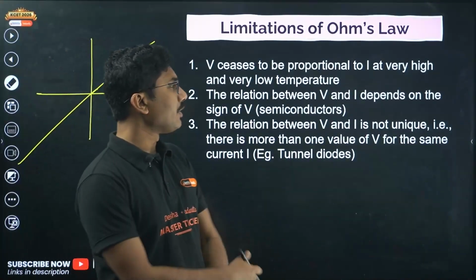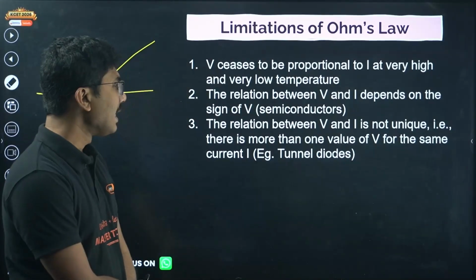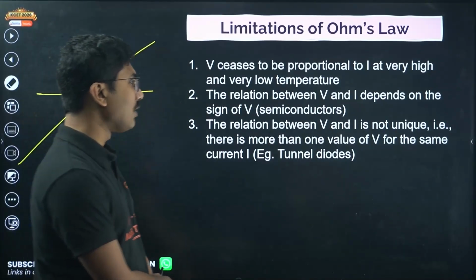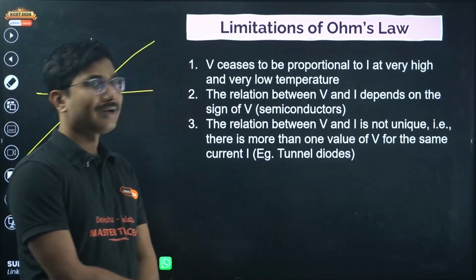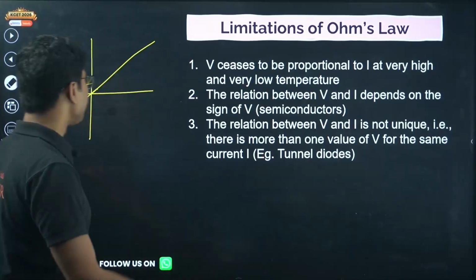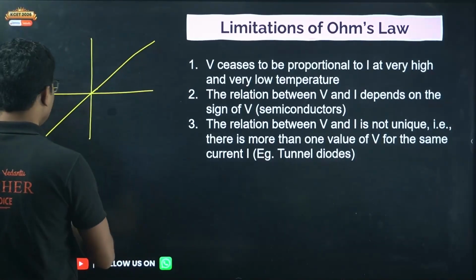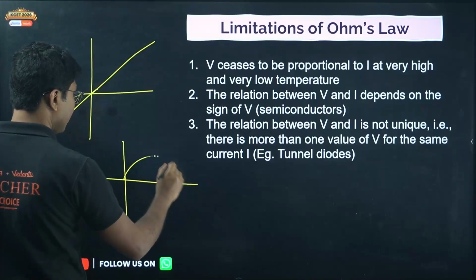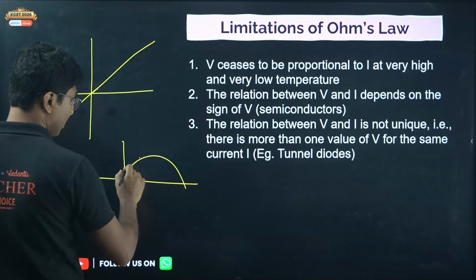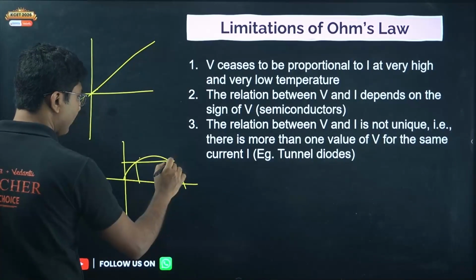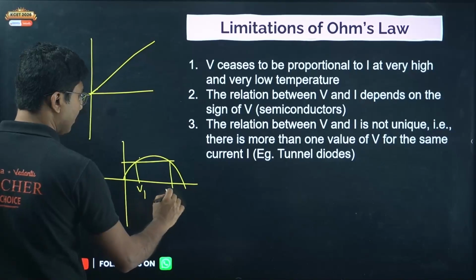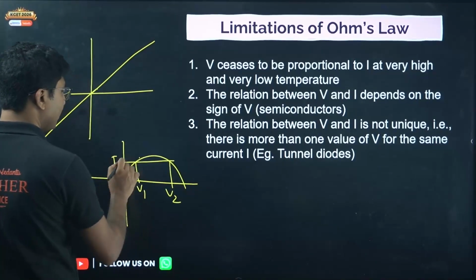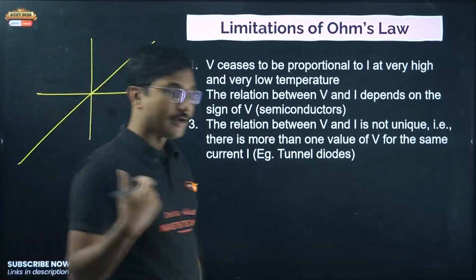The relationship between V and I is not unique, that is, there is more than one value of V for the same current. Suppose you are getting a graph like this, where for the same value of current you are getting two different values of voltage. So V1, V2 give you the same current, which is also a violation of Ohm's law.